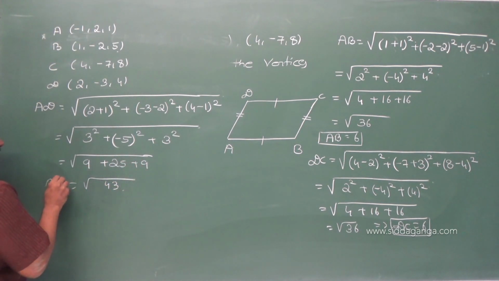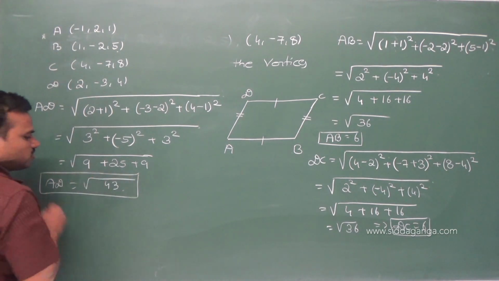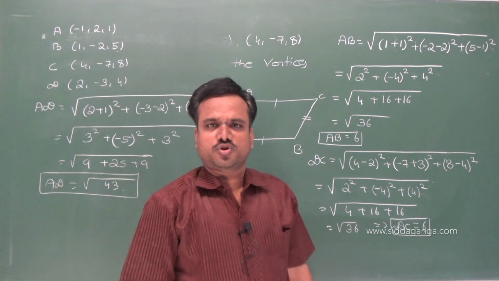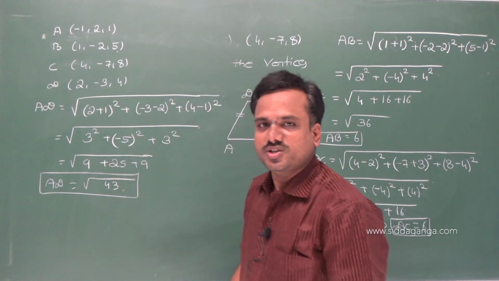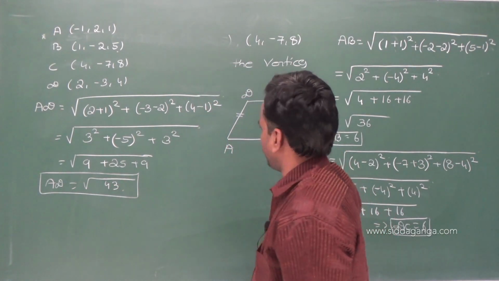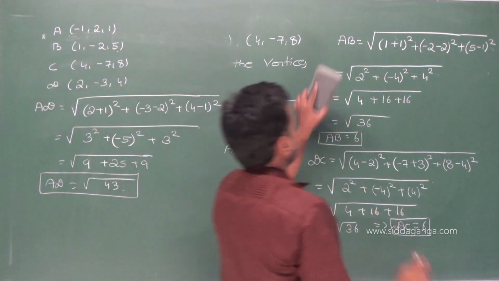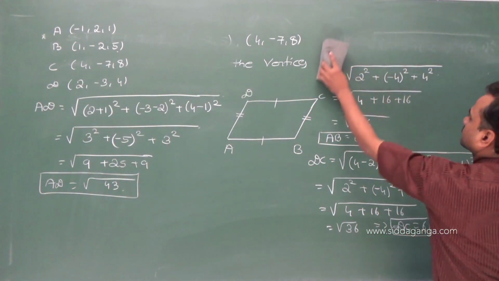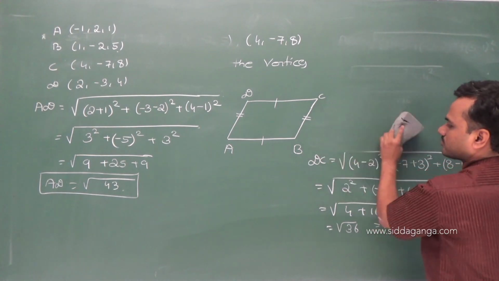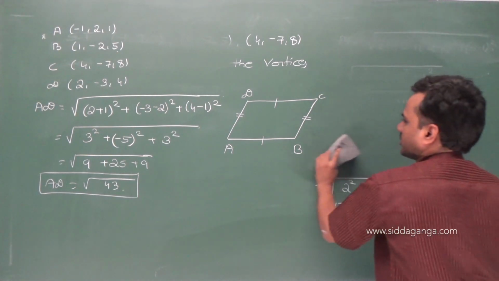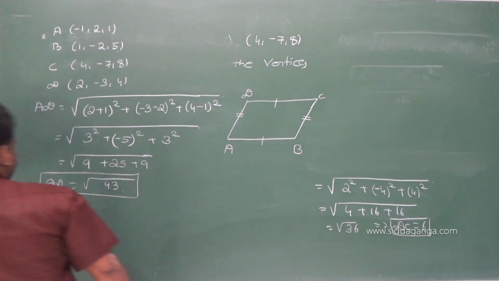Yes, correct. AD is equal to the square root of 43. AD is over. Similarly, we find the distance from B to C, BC.